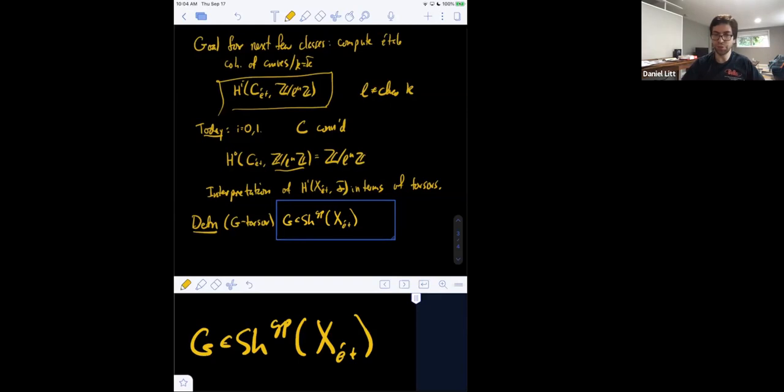All right, so what is a G-torsor? The definition will look a little bit scary, but we're going to talk about a lot of examples. What this is supposed to be formalizing is the notion of a principal homogeneous space. The typical example is a Galois covering space: you have a space X and a Galois cover of it, in ordinary topology, maybe a manifold, and that will be a torsor for the Galois group. What that means is the Galois group acts on the space and acts simply transitively on every fiber.